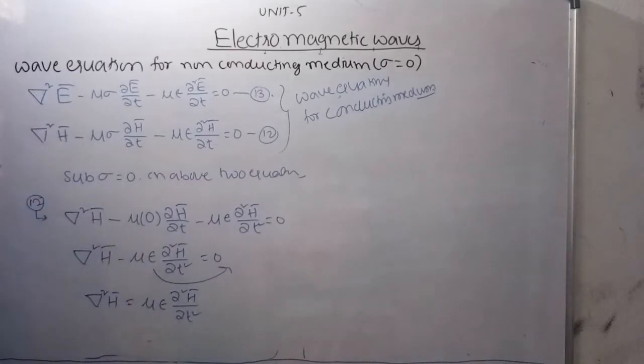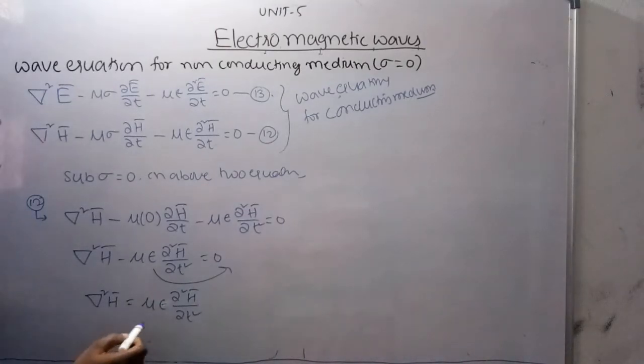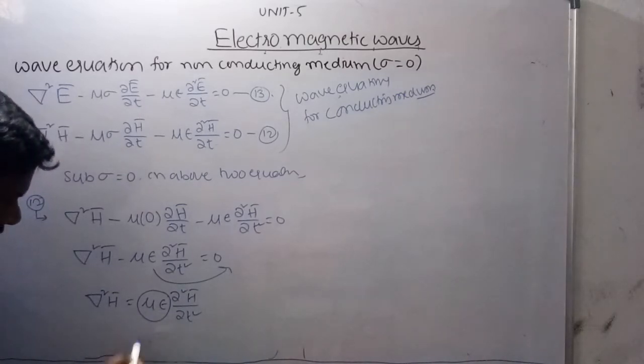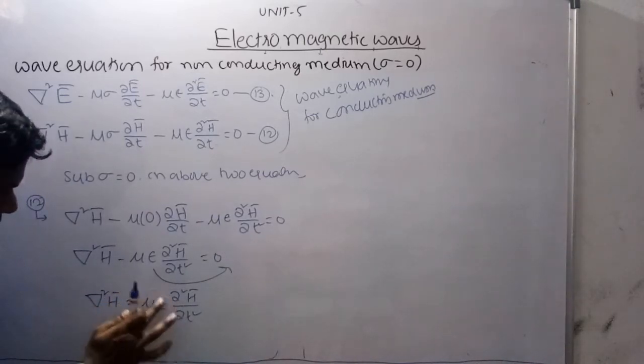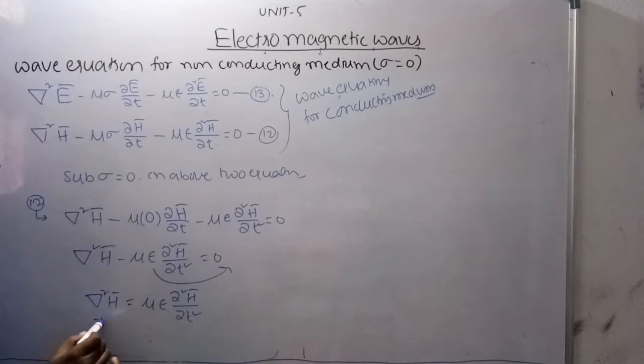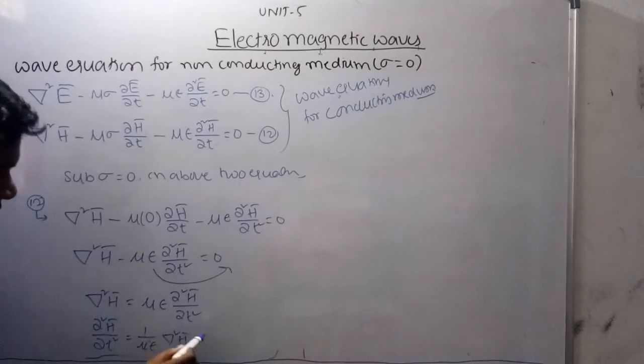Now I am going to introduce one more term, that is the velocity of wave. The speed at which the wave is moving is called the velocity of the wave. Before that, I am rearranging this equation: dou square h bar by dou t square equals 1 by mu epsilon del square h bar.